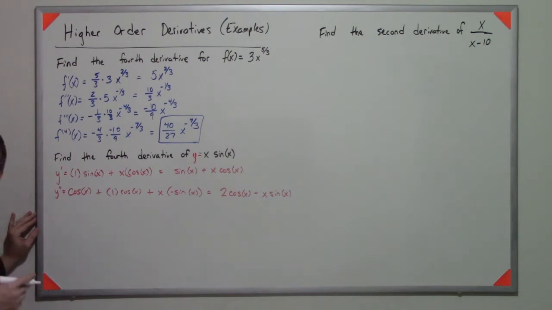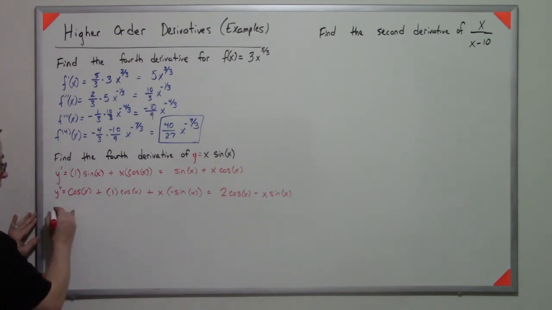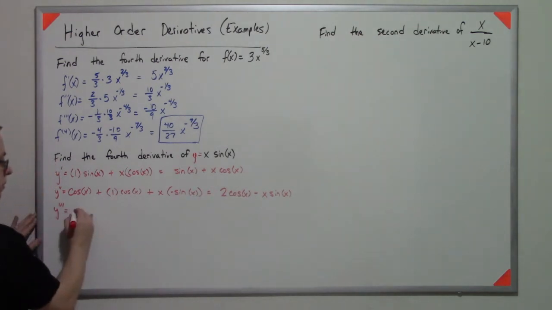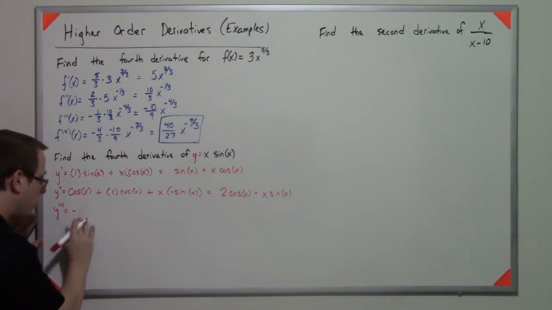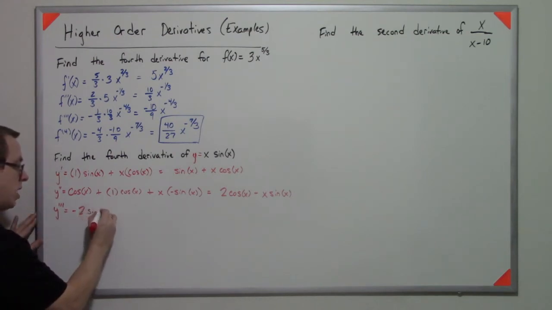Okay, so then we do a third derivative. So the derivative of cosine is negative sine, so -2 sine of x.